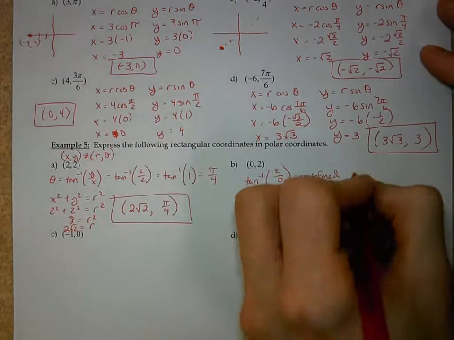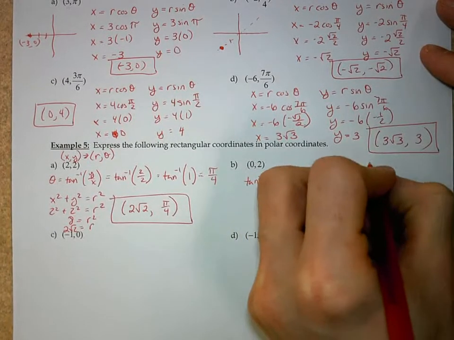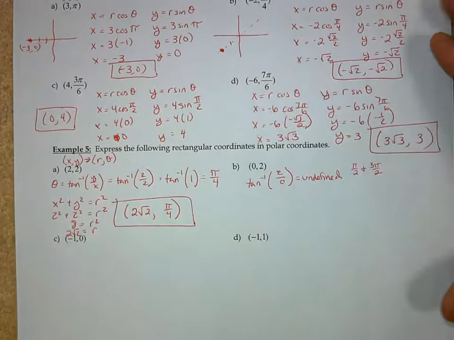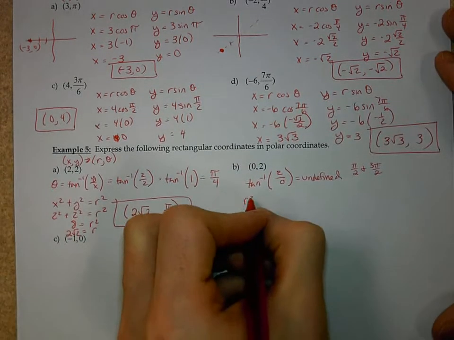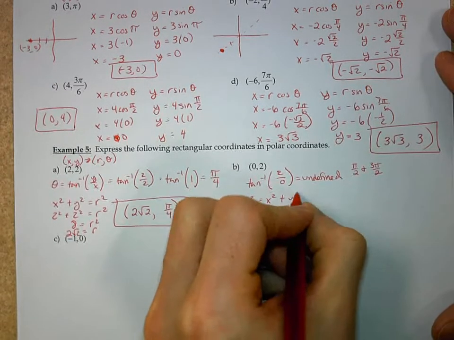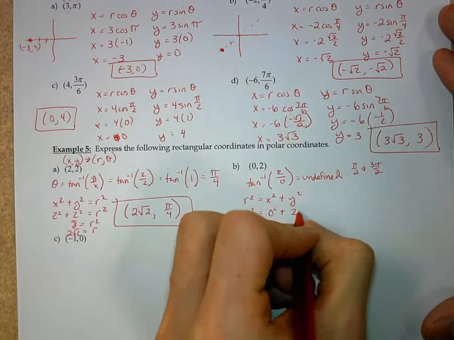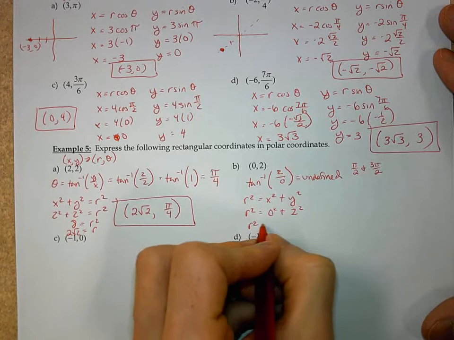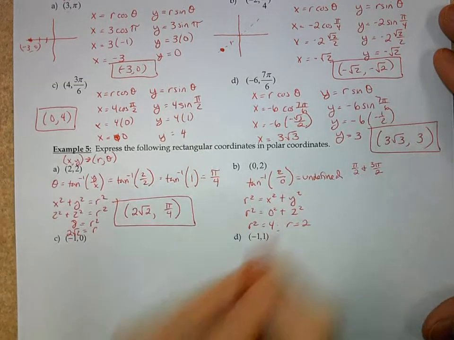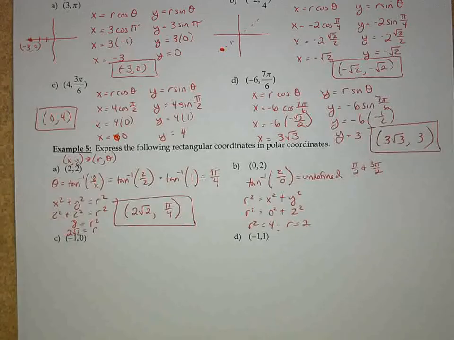It's undefined at pi over 2 and 3 pi over 2. So you got to keep that in mind for when we write our final answer. The second part, r squared equals x squared plus y squared. So 0 squared plus 2 squared. So r squared is 4, which means r is going to be 2.